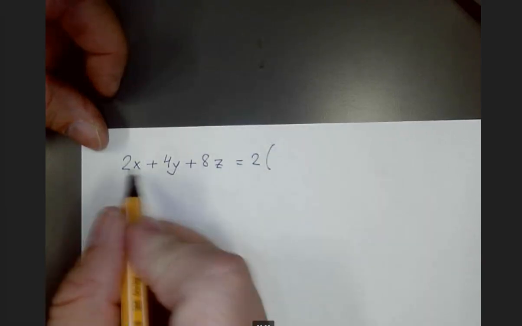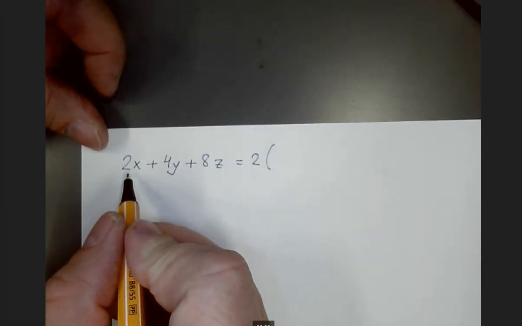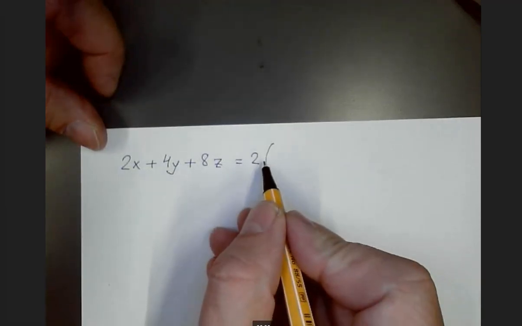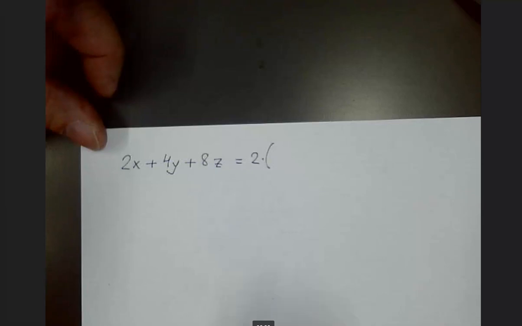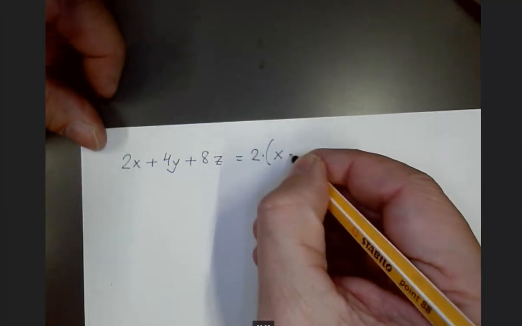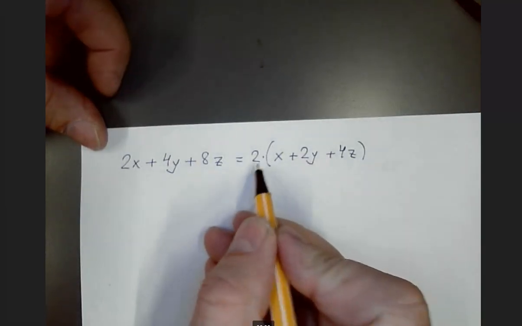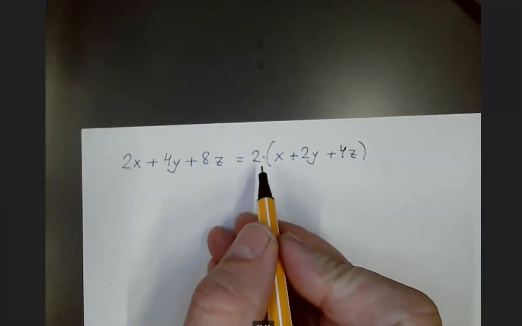They are all even numbers, so we can pick the 2 outside of brackets, and then I will leave x plus 2y plus 4z. So this is a common factor 2.